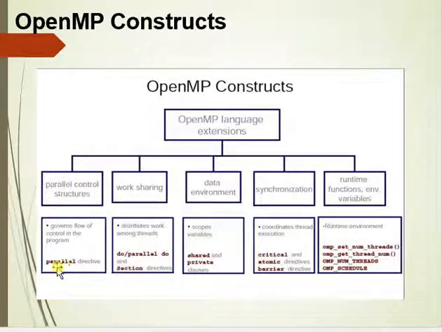Here we are using the parallel directive, the do/parallel do and section directives. In the data environment we are using shared and private. In synchronization we already know it is critical, atomic and barrier. The runtime environment may include OMP get number of threads, get thread number, OMP number threads, OMP schedulers. More detail about these is explained in further slides.